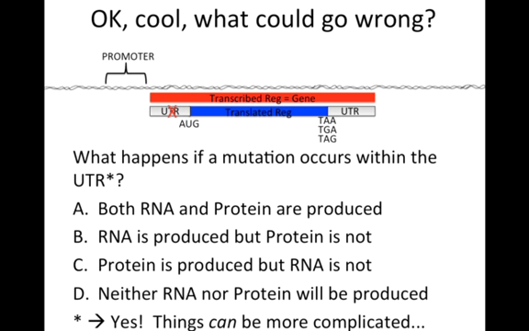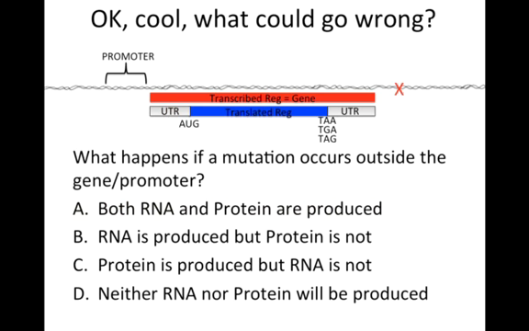So we expect that RNA will be produced. And then we can ask, okay, so now we have an RNA. It has a change in its UTR. However, the UTR change is probably not going to matter for initiating translation because the AUG is still there. And so we expect translation to start and stop normally. So in this case, we expect that both RNA and protein will be produced.